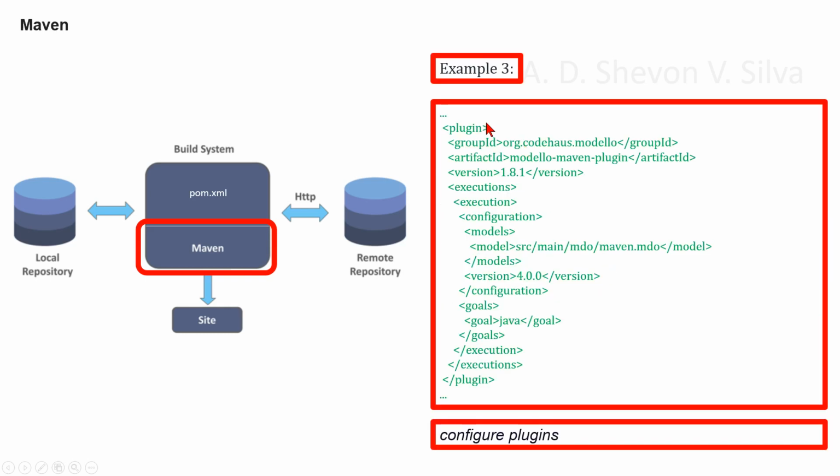As an example 3, we can consider this one, configure plugins. The second way to add goals to phases is to configure plugins in your project. Plugins are artifacts that provide goals to Maven.